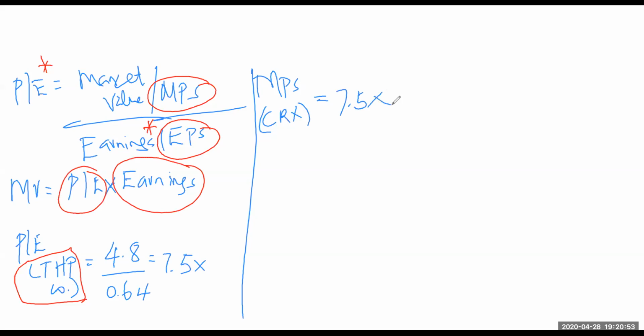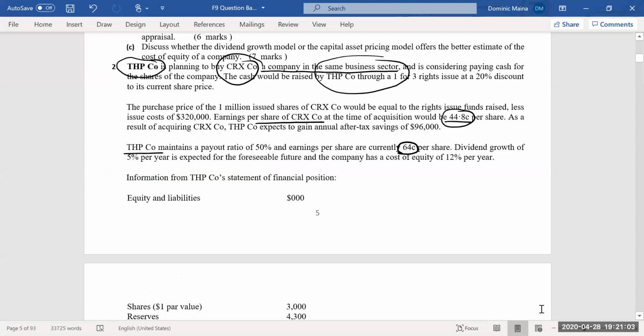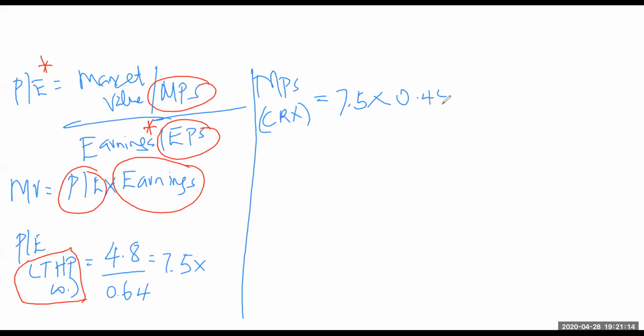We multiply by the earnings of CRX. Just to go back to the question bank, the earnings of CRX were 44.8. So we multiply by 44.8 to give us how much? That will be the implied market price per share of CRX.